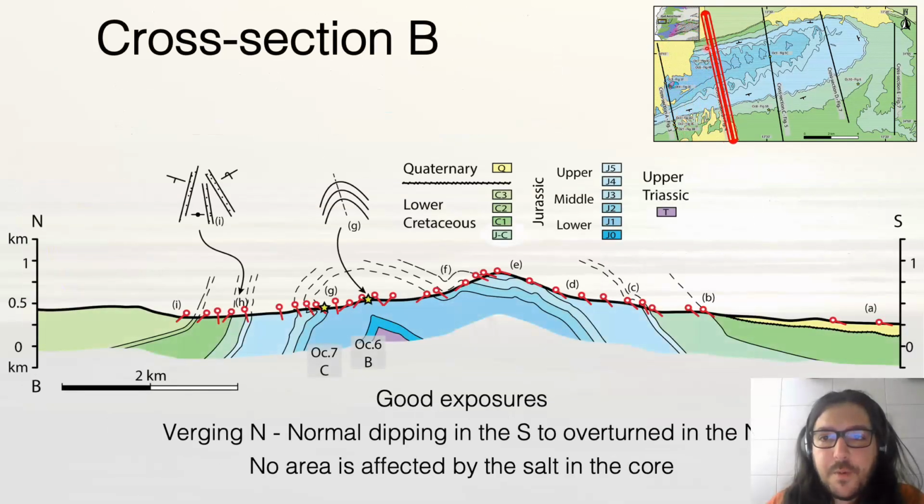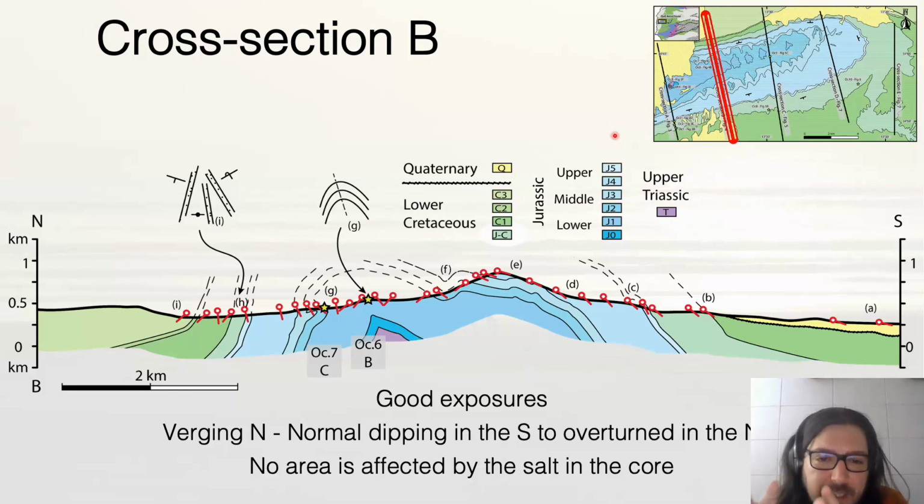The section shown here is situated about 4 kilometers away from the previous one and is parallel to it. It has a comparable but a bit less pronounced structure, with layers dipping gently towards the south, as we can see in this region over here, and overturned towards the north, as it starts to be here and there.